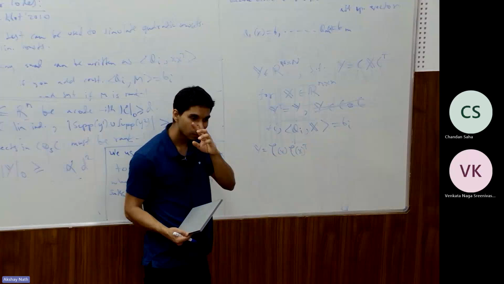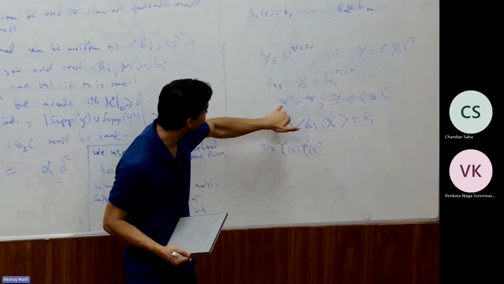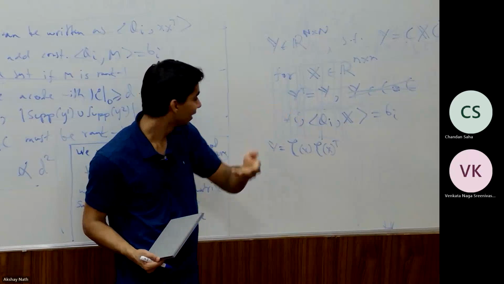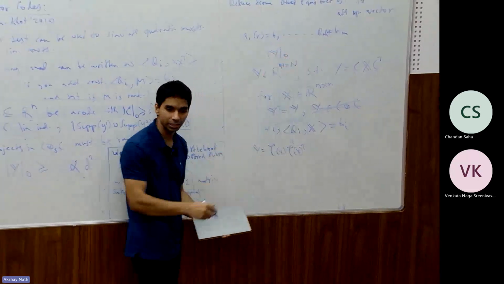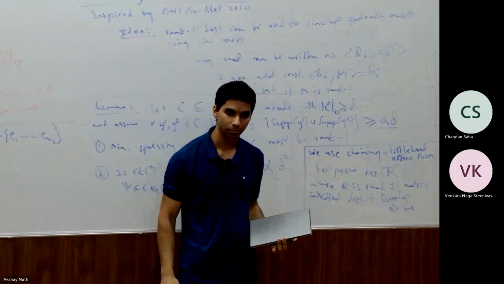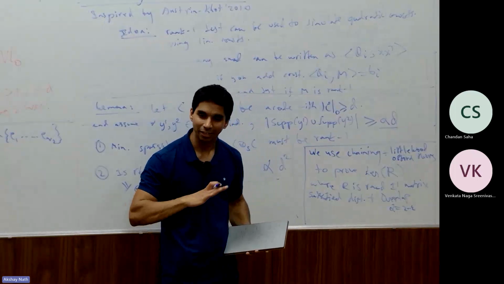Or X is not rank 1, X is rank 2 or higher. That means this Y is rank 2 or higher, and if this Y is rank 2 or higher, this quantity will punish you. So great, the soundness actually works.